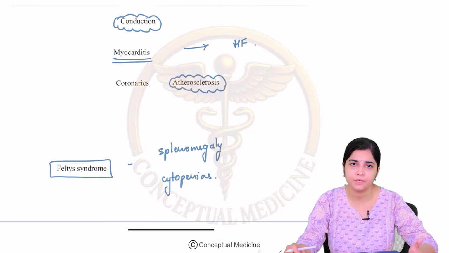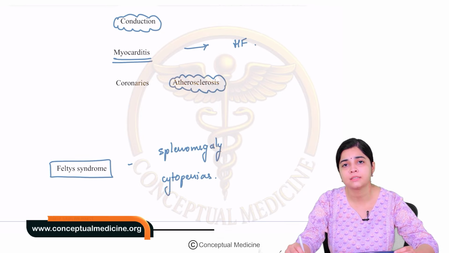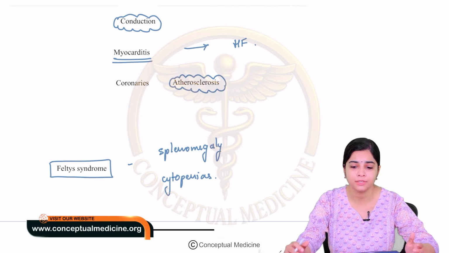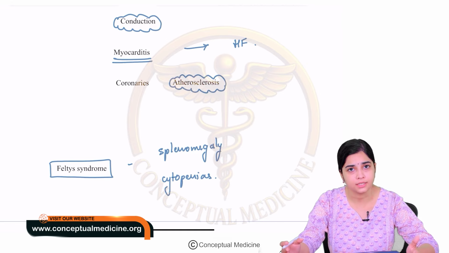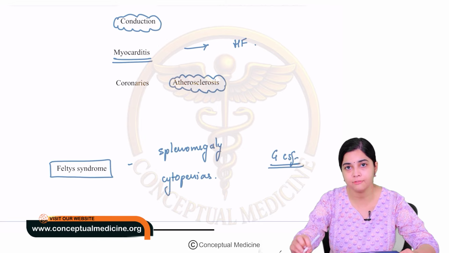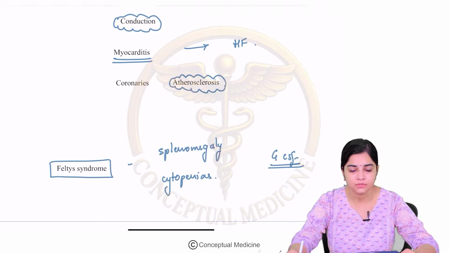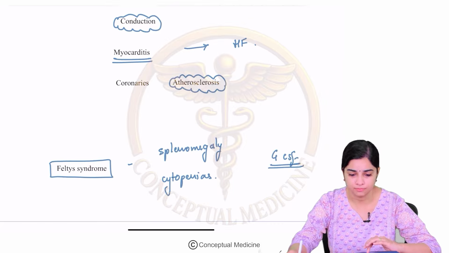So if an RA patient has developed cytopenias and splenomegaly, you think of Felty syndrome. The treatment predominantly involves treatment of the underlying rheumatoid arthritis itself. But in certain cases, if the neutropenia is very severe, you may have to give them colony stimulating factor, which is GCSF, to bring up the total counts. Okay, so that is Felty's syndrome.